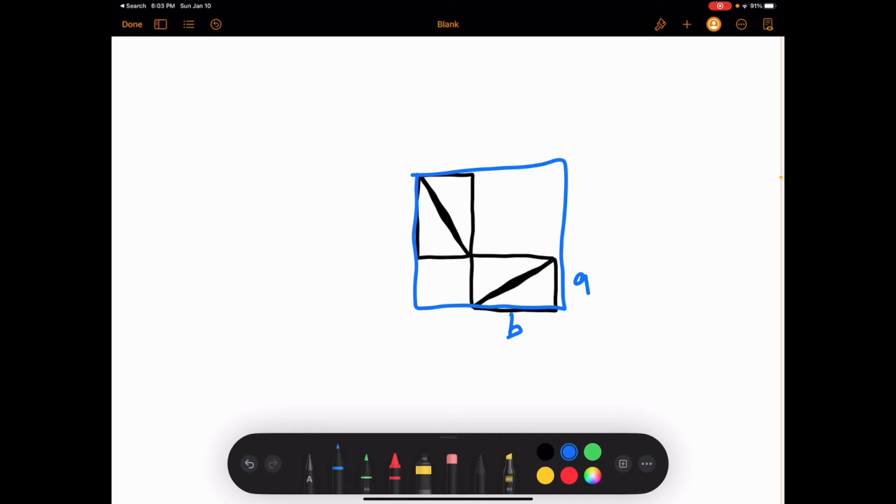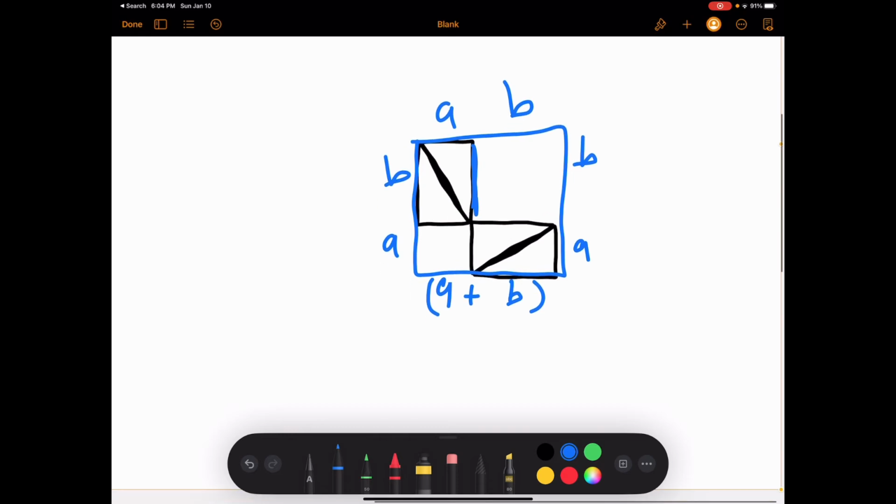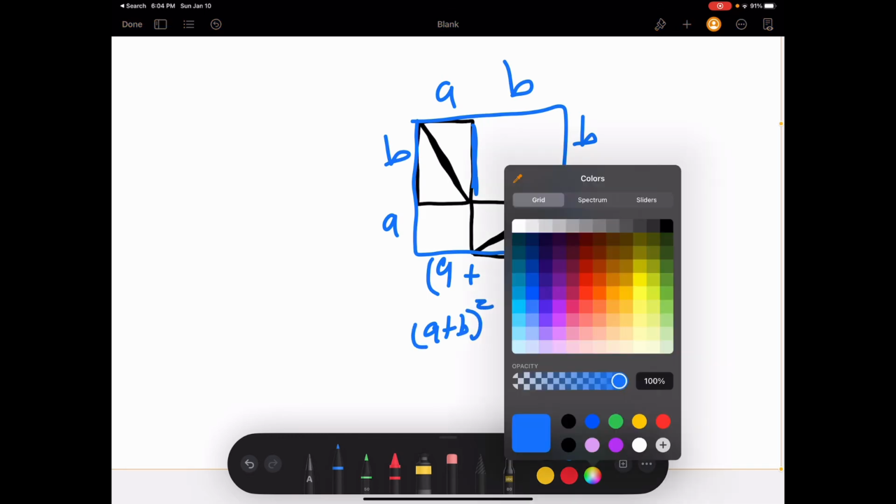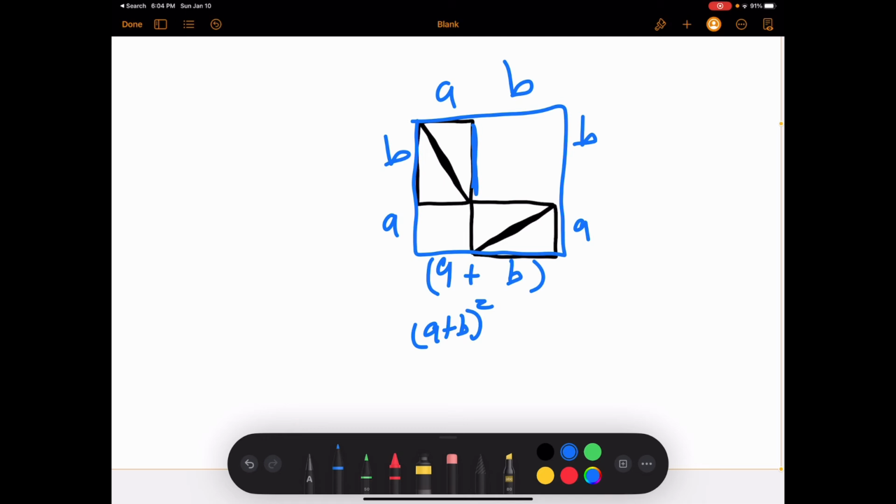You see that this is B, so this is B, this is also B, this is A, this is B, this is A, and this is A. We have the same square. The square where the side lengths are A plus B. So the area of the big square, once again, the square in blue, is going to be (A plus B) squared. That's the area of the big square.